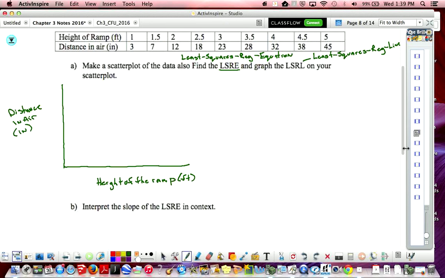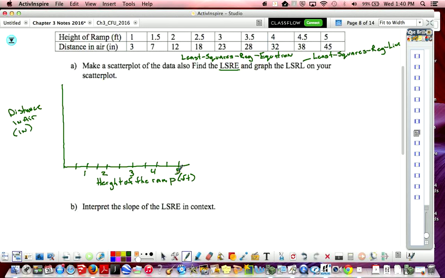As I continue to work on this, I look at my height and it's going from 1 foot all the way up to 5. I'm going to start at 0 and count by halves: 1, 2, 3, 3.5, 4, 4.5, 5. Again, making our scatter plots, we want to try to use all of the x-axis.